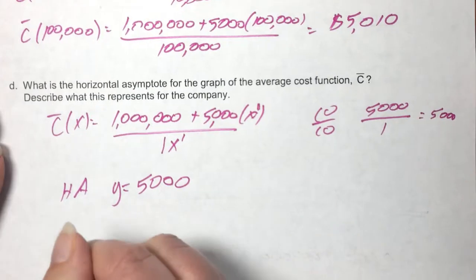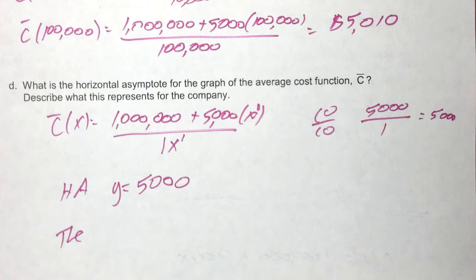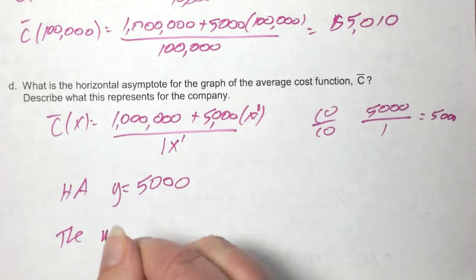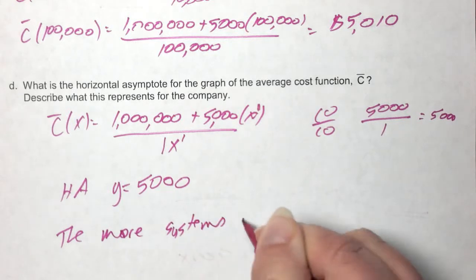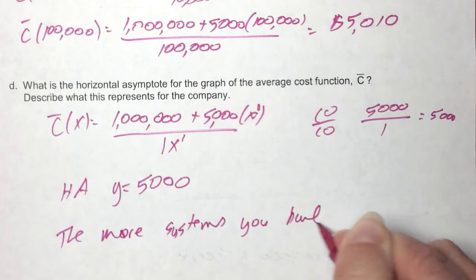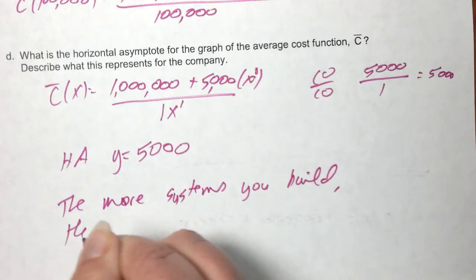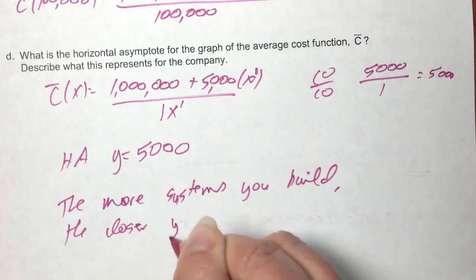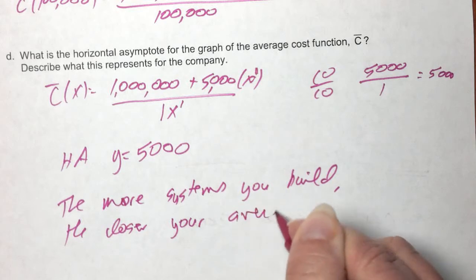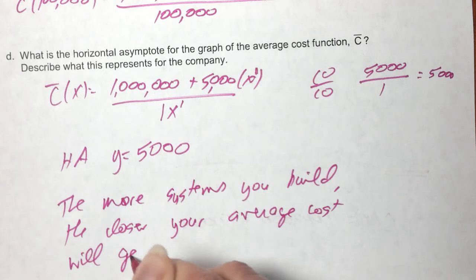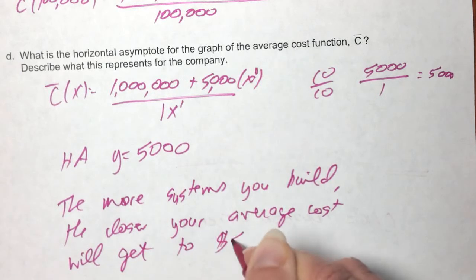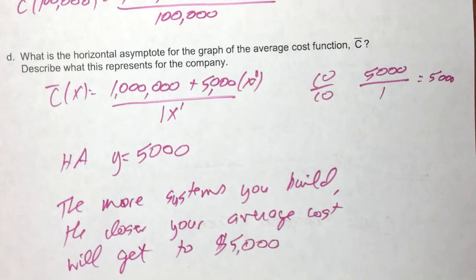That means the more systems you build, the closer your average cost will get to $5,000. It will approach $5,000. It won't ever quite get there, and it certainly won't dip below 5,000.